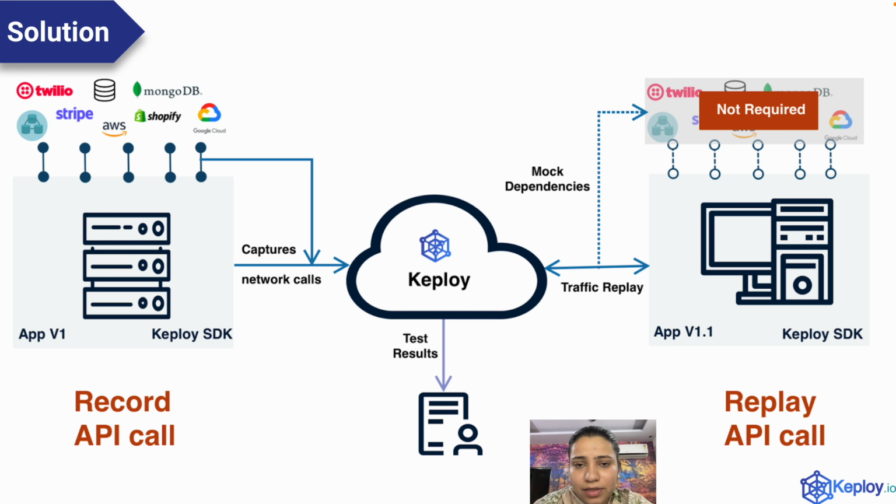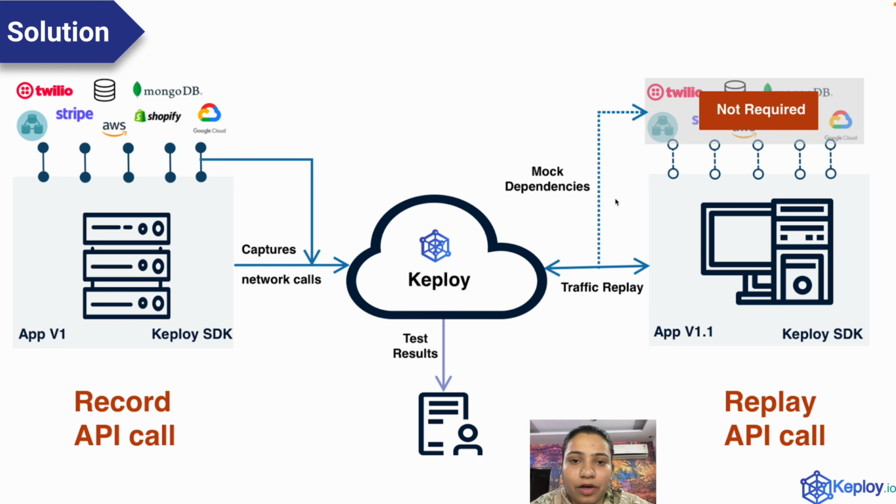And the cool part is that you don't need to set up those external dependencies, like let's say you're using MongoDB, Postgres database, or you're using a messaging service, anything, payment service. All those do not need to be mocked while testing, because Keploy is just going to mock that from previously recorded network interactions for that API call or a test case.